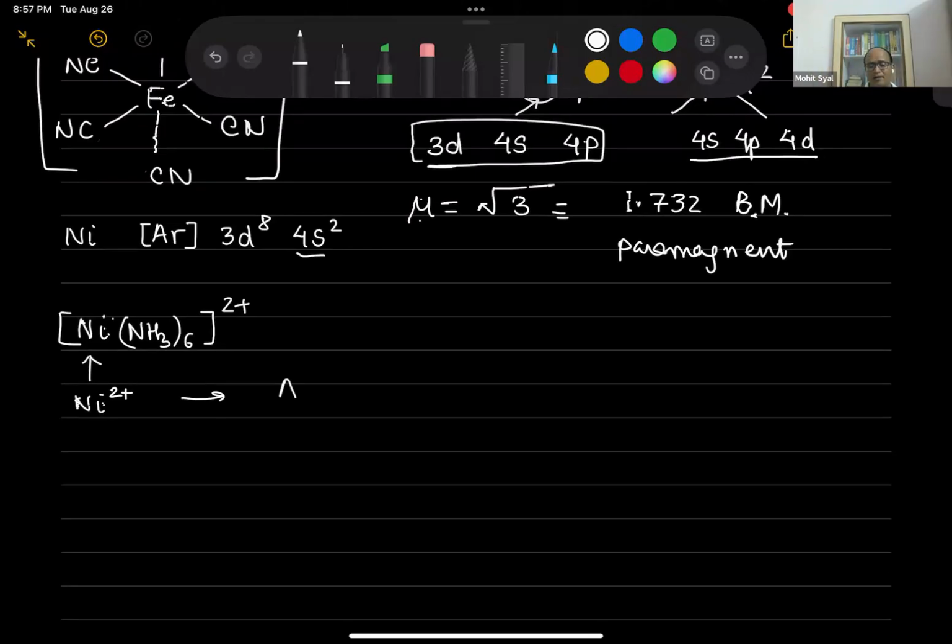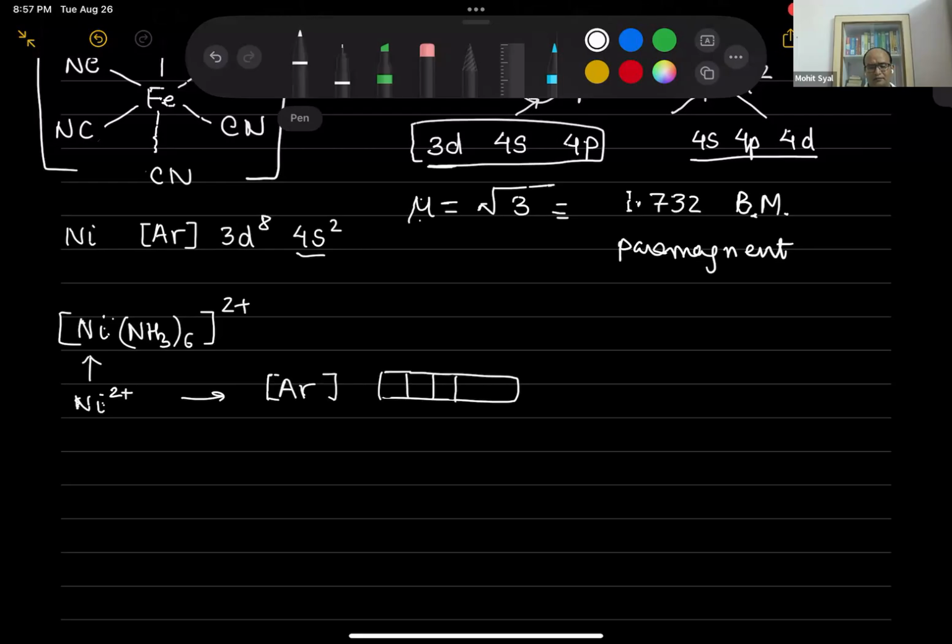So you have argon 3d8. I'm going to write it directly in the boxes, which we are going to use now.